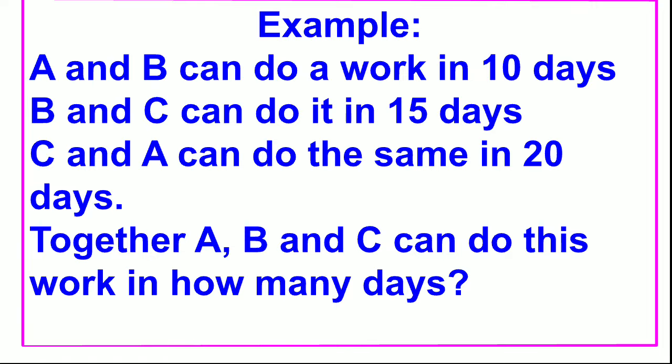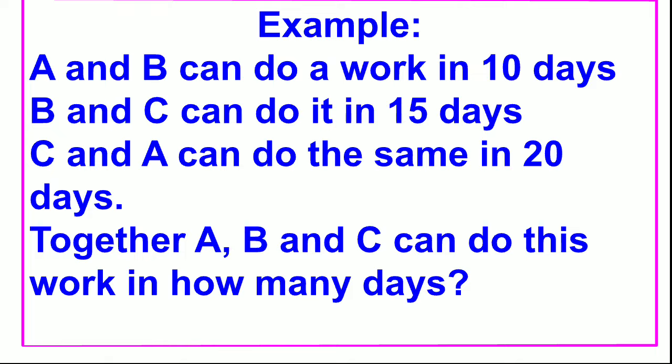Example: A and B can do a work in 10 days, B and C can do it in 15 days, C and A can do the same in 20 days. Together, A, B and C can do this work in how many days?